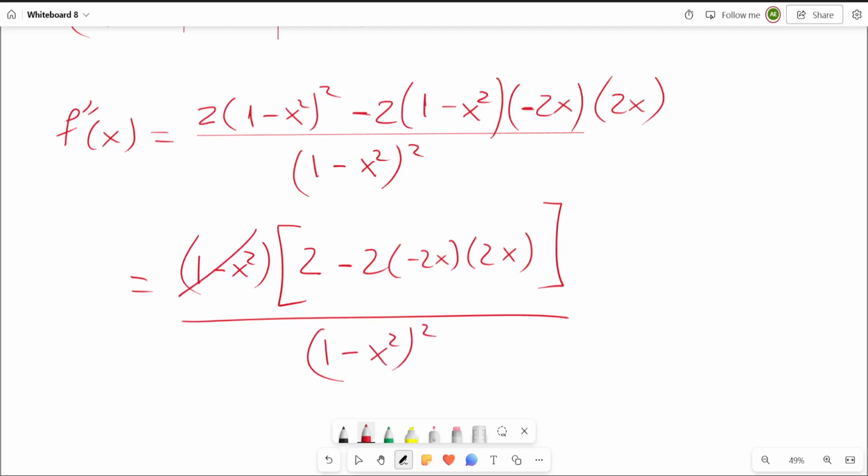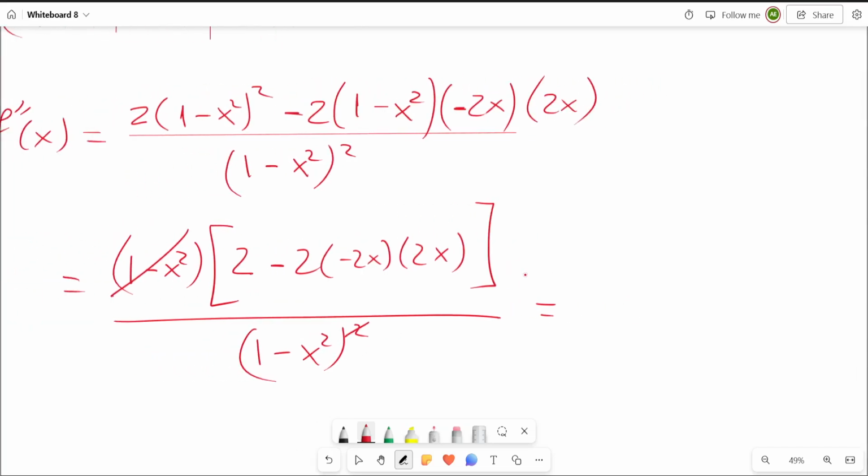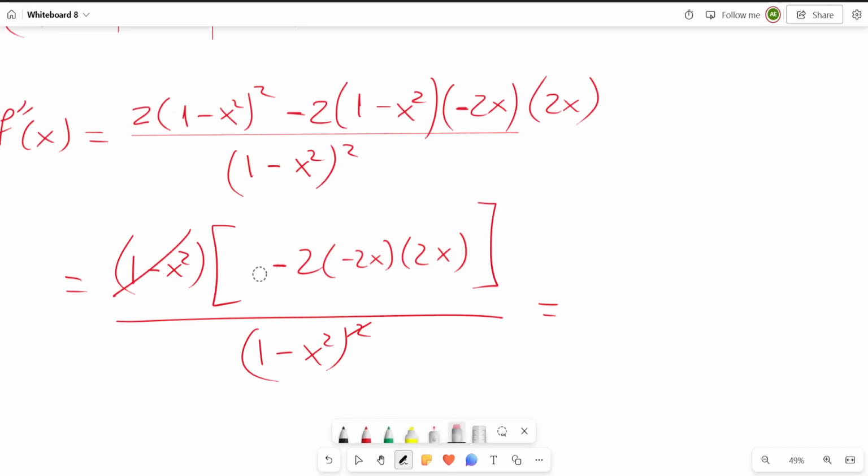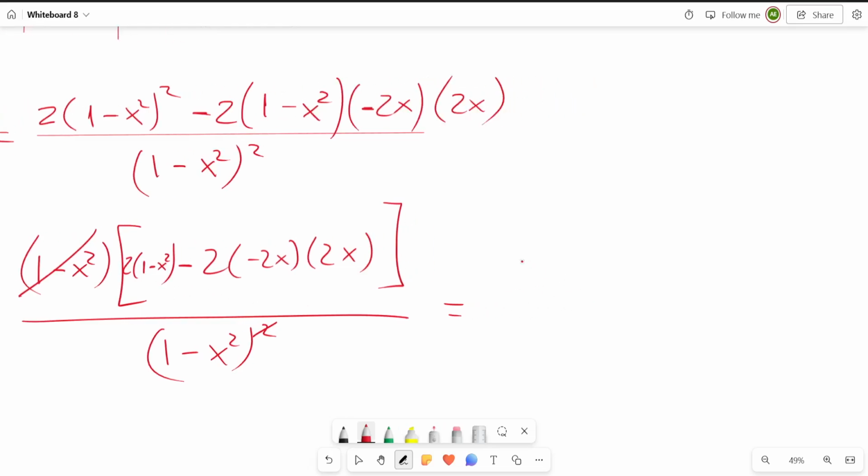And I can see that this will cancel with this. Over here, I'm not only left with a 2, I'm left with 2 times 1 minus x squared. So this is going to equal 2 times 1 minus x squared.